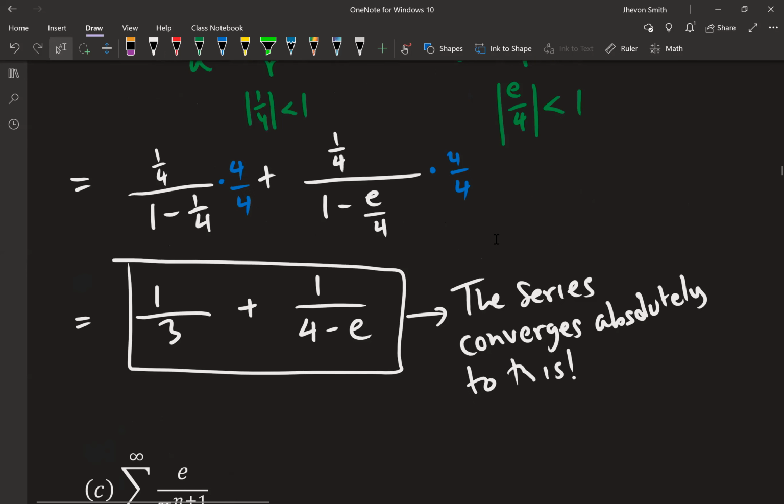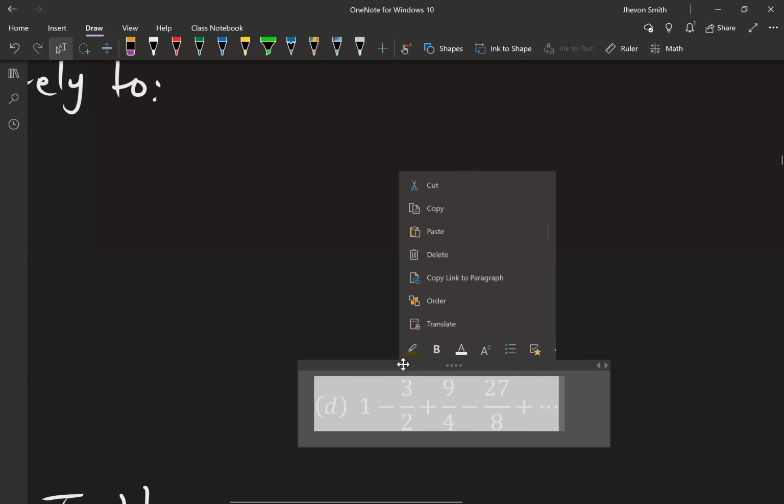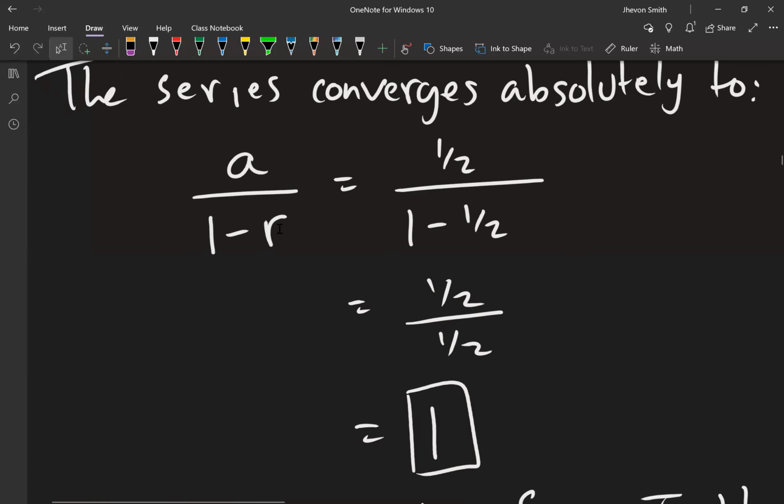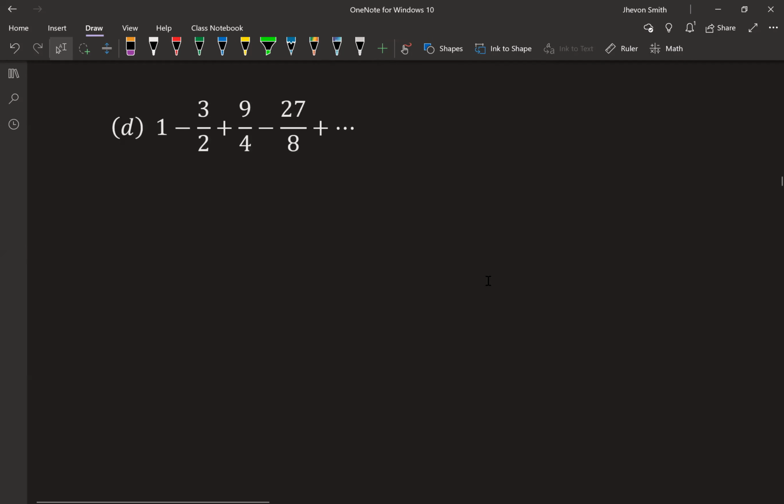So that's a geometric series. I believe there was another one. Okay, maybe a minute on this one. Turns out that that guy is a geometric series.